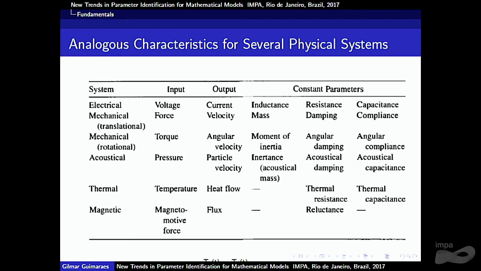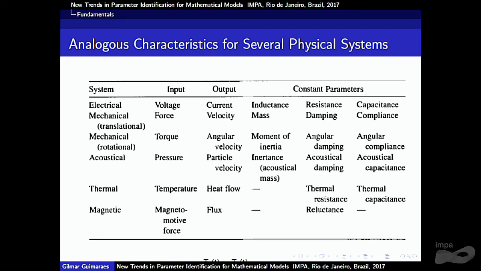If you have a mechanical system with a force as an input and velocity or displacement as an output, you will have the response of the system as a function of the mass, the damping, and the compliance.